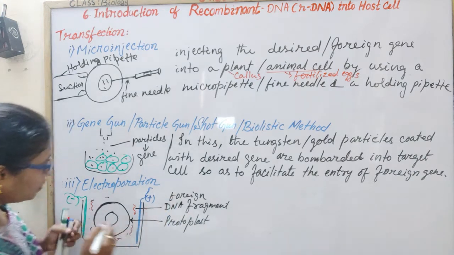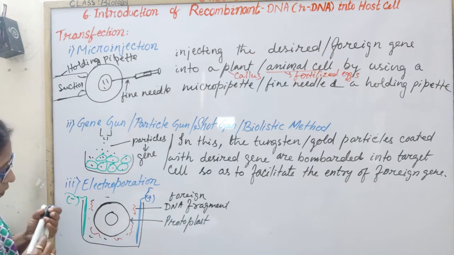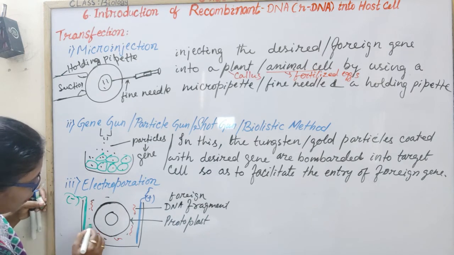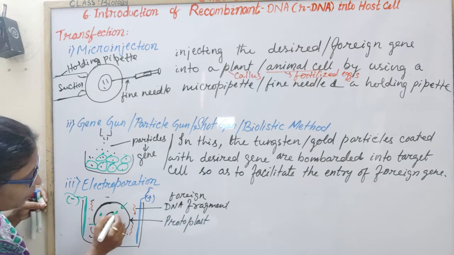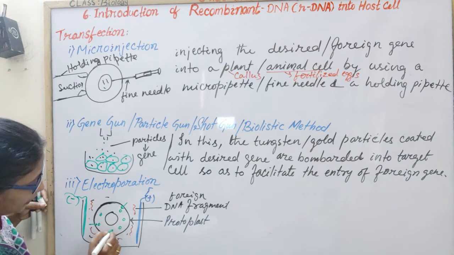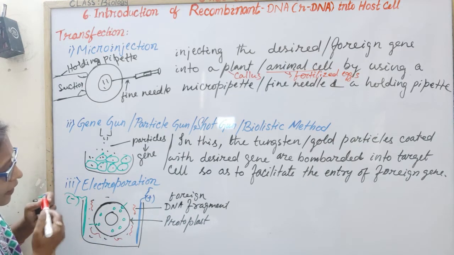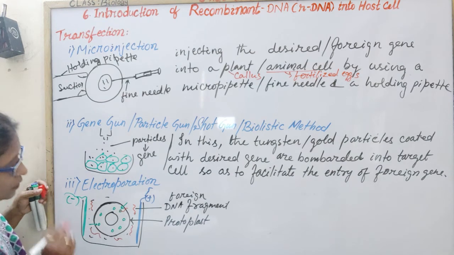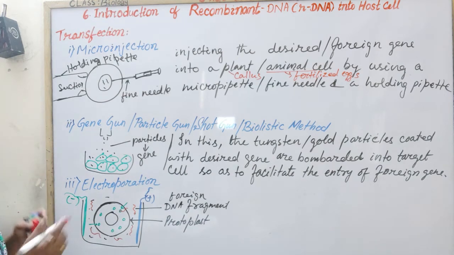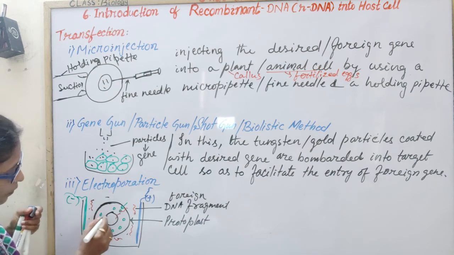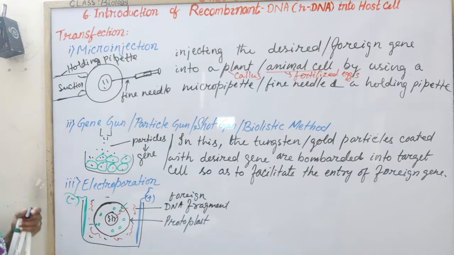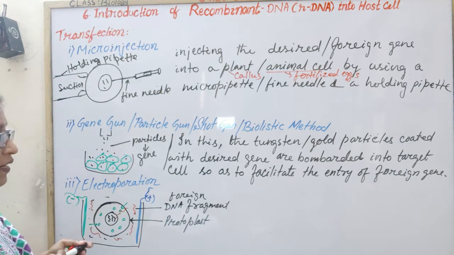When the voltage strikes the plasma membrane, it creates pores. Through these pores, the naked DNA fragment enters the cell and incorporates with its cellular genetic material.